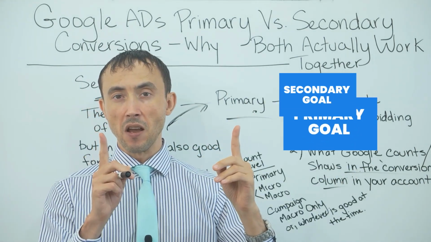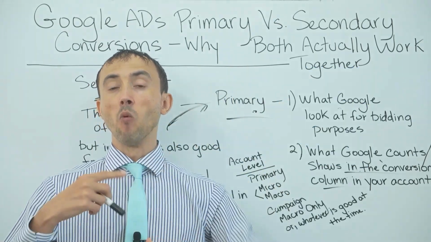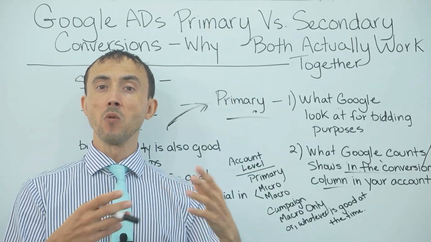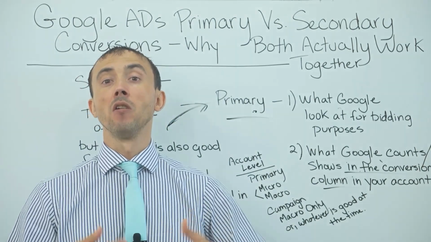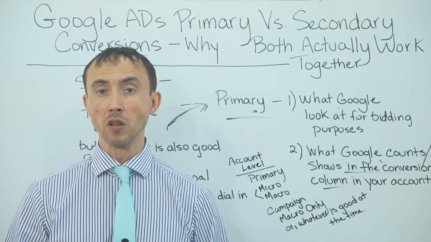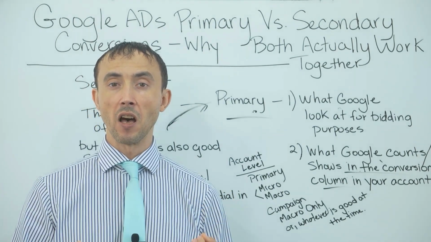Take the secondary one, make it primary, take the primary one, make it secondary, while you're working on getting fixed the goal that you really want to be your primary. So you have literally a backup goal to go to. And that's the main other way that having a secondary goal can help you.